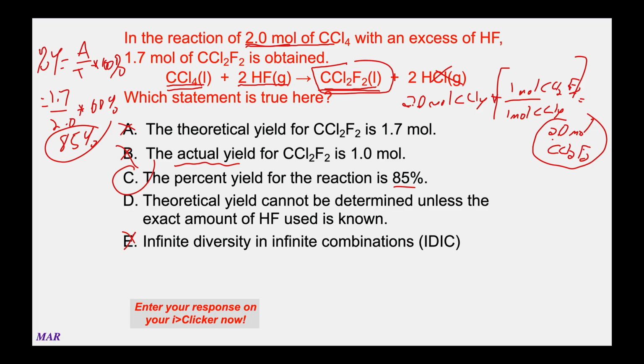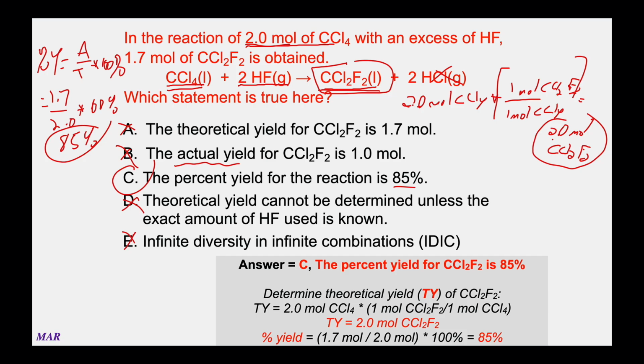But let's look at D first. It says the theoretical yield cannot be determined unless the exact amount of HF used is known. That's incorrect. If it says that HF is in excess, that means we don't have to worry about it. CCl4 is the limiting reactant, so it's really going to determine what all the different pieces are. So I'm pretty sure the answer here is going to be C, and it is. And you can see down here what I did is I first calculated the theoretical yield.